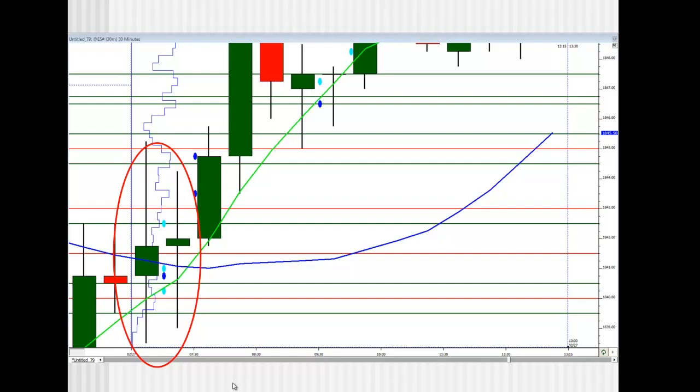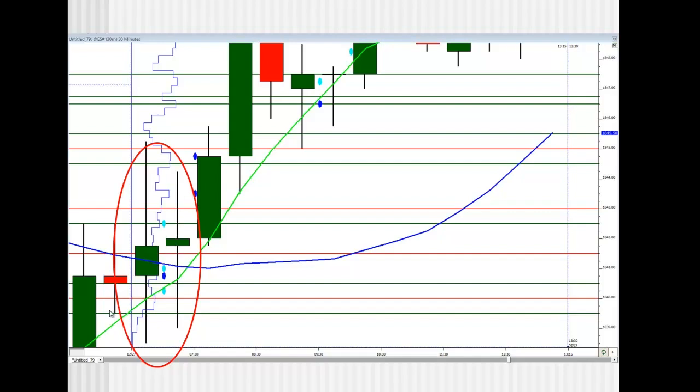Well, for starters, we're going to focus our attention on these two candlesticks, or these two 30-minute periods, and they are, for this particular session, the very first two 30-minute periods during the session, or in other words, this was the initial balance.